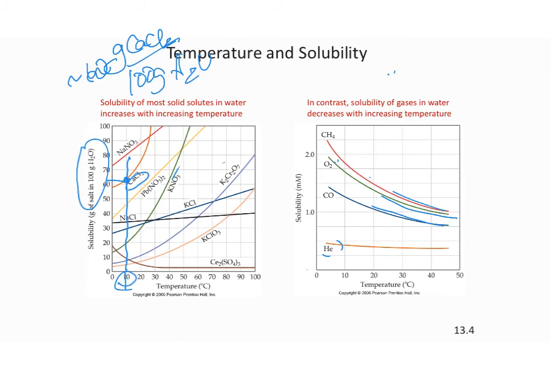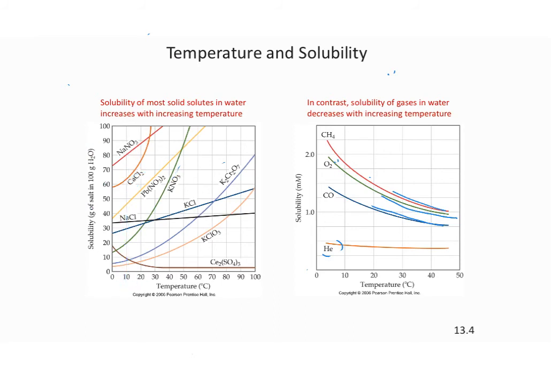Another easy question I could ask you might be to compare potassium chloride and sodium chloride. Which is more soluble at 10 degrees Celsius? Here's 10, here's potassium chloride, here's sodium chloride.